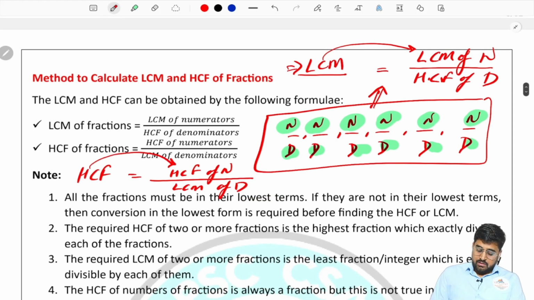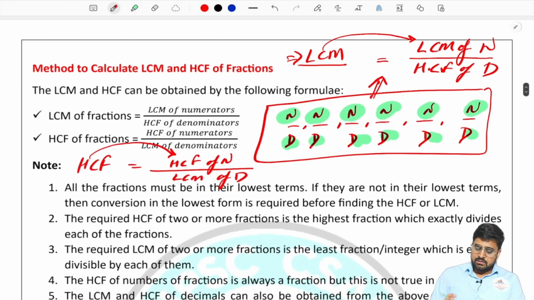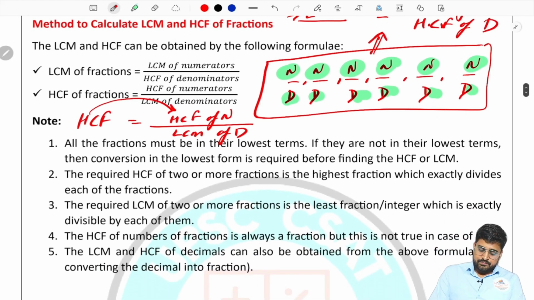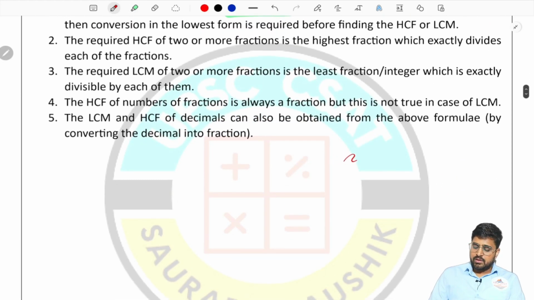Okay. Now there are some important aspects which you have to take care of. All the fractions must be in the lowest terms. What is the meaning of lowest terms here? For example, let us say there is a fraction 8 by 16.